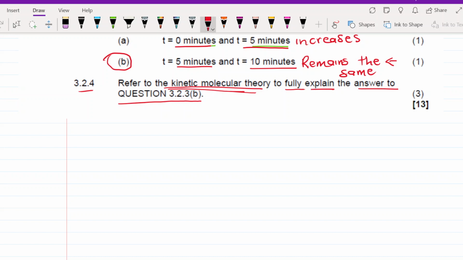We said the reason that average kinetic energy remains the same is because at that point, at the melting point, the temperature remains constant.